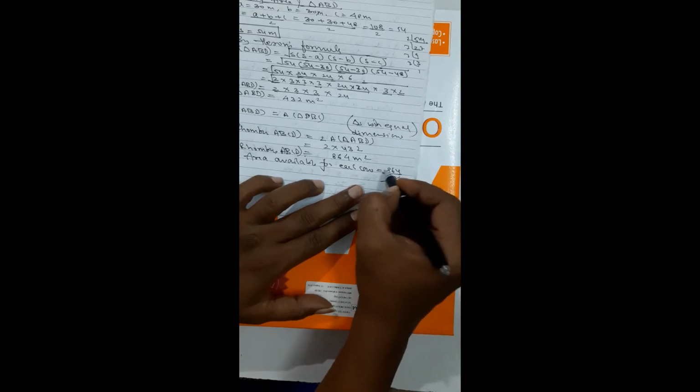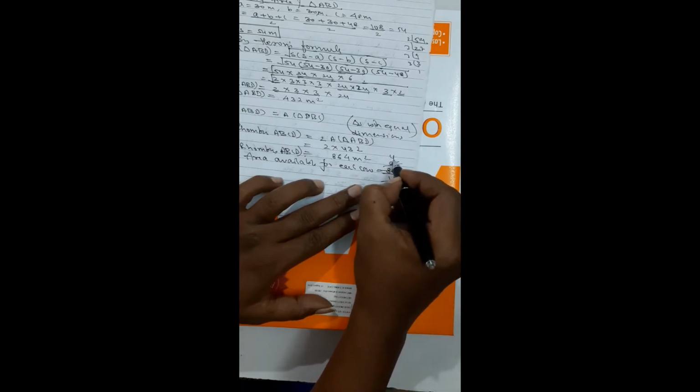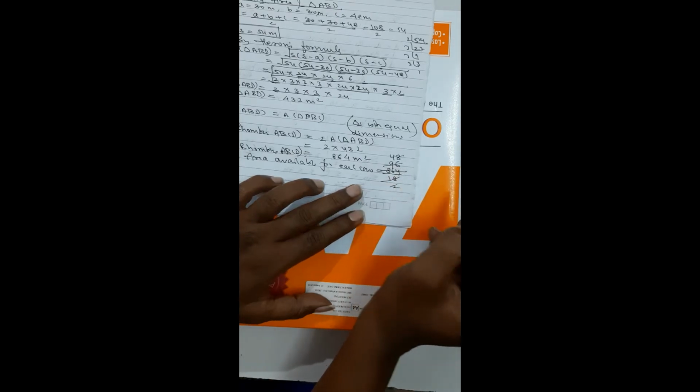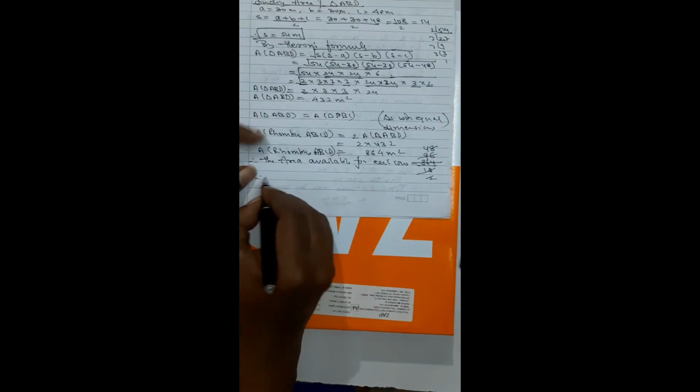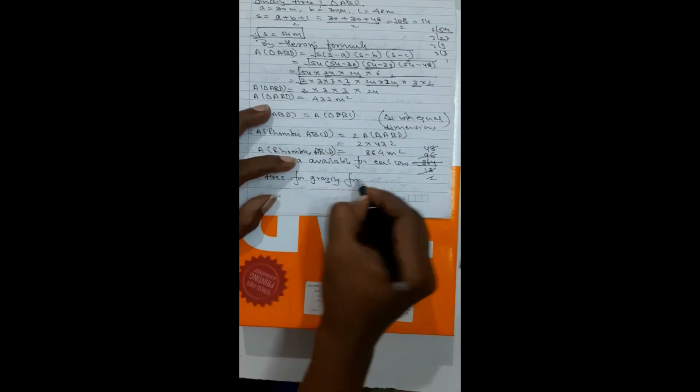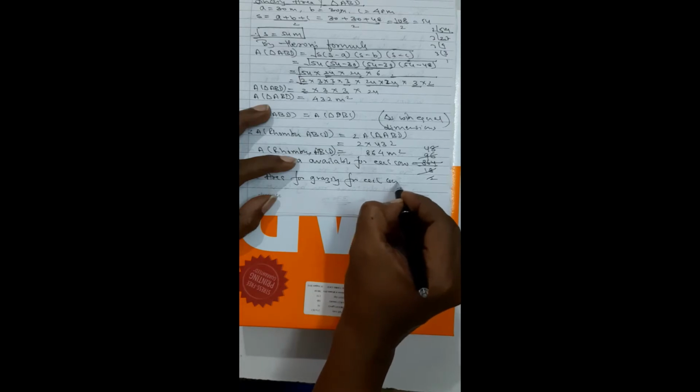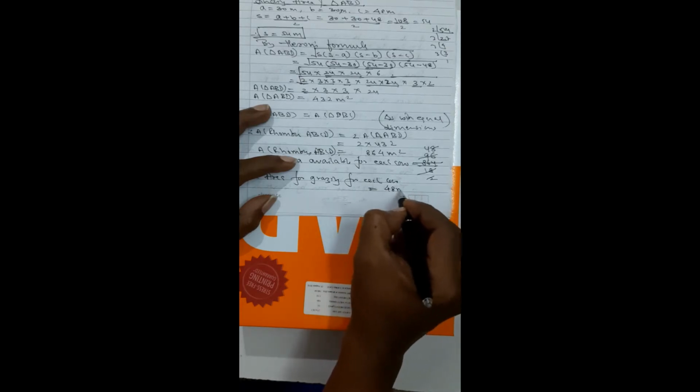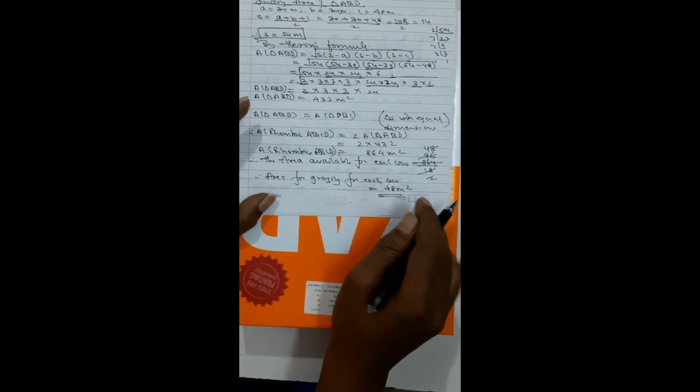Yes, 9 2s are 18, 9 9s are 81, 6 are 54, 2 4s are 8, 2 8s are 16. So therefore the area for grazing for each cow is equal to 48 meters square. This is the area that each cow will get.